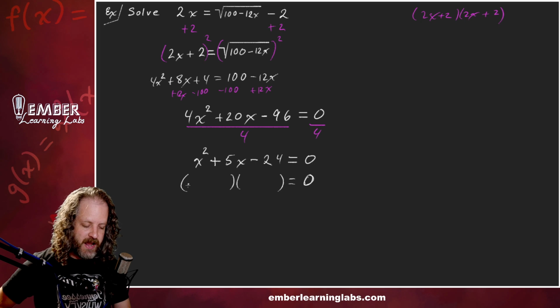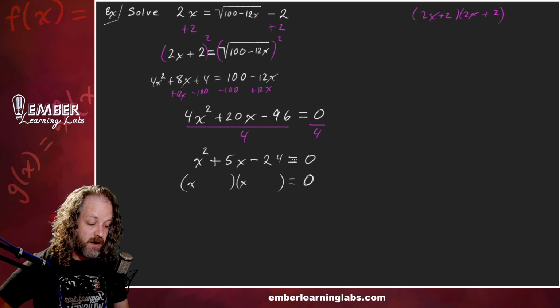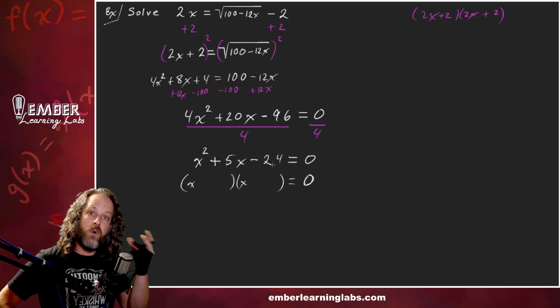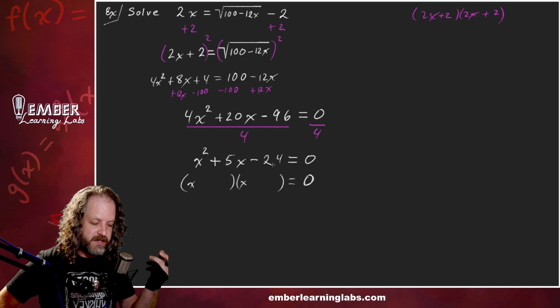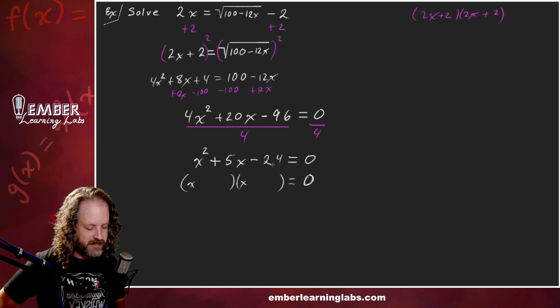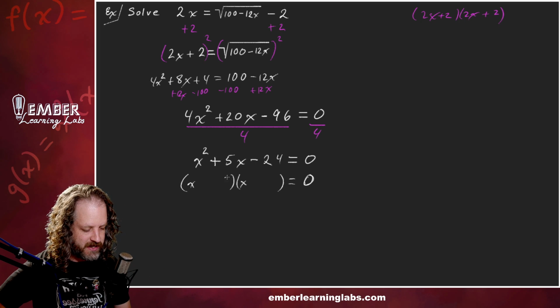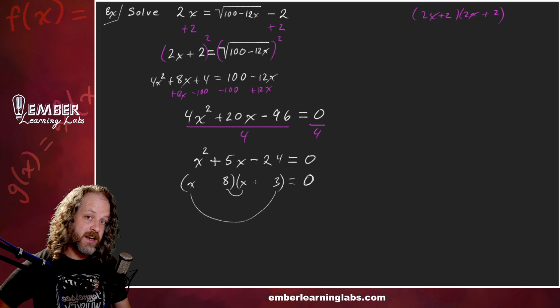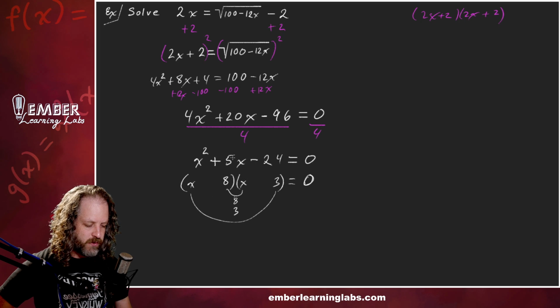So we're going to put an x and an x. What are our options for 24? 24 and 1, 12 and 2, 6 and 4, 8 and 3. Ooh, I can see some addition there. 8 and 3. We can smiley face, guess, and check. 8 times 1 is 8. 1 times 3 is 3. We're trying to add or subtract to get that 5.